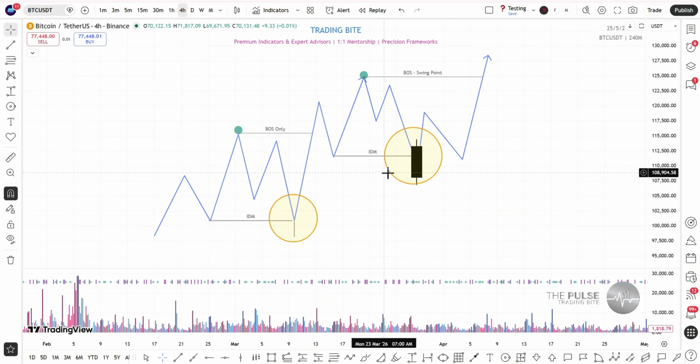You can see the difference here where I marked the yellow orange circle. Here it was only a valid break of structure, and here we have a valid swing point and a break of structure.